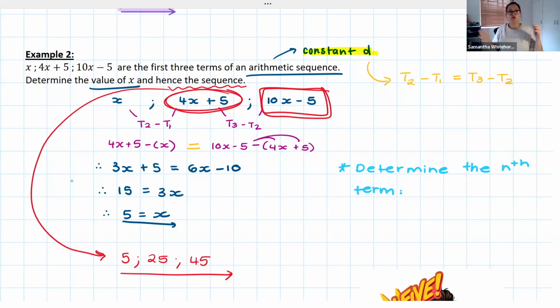And remember, guys, I've shown you a couple of ways that you can find this general term for linear or arithmetic sequences.